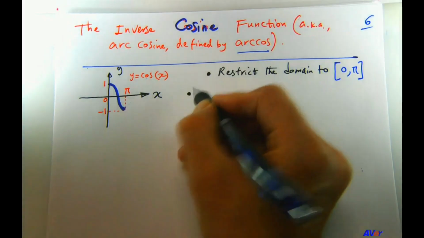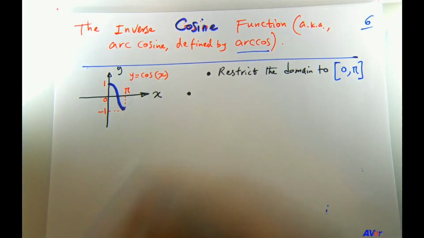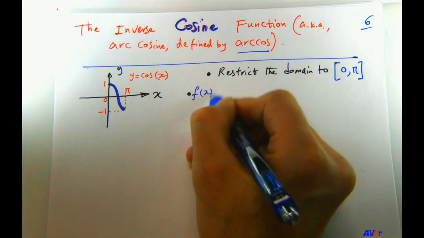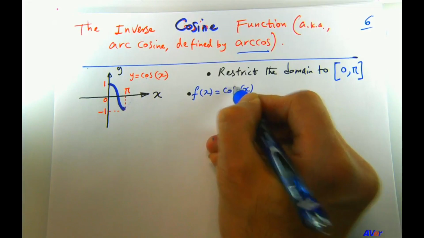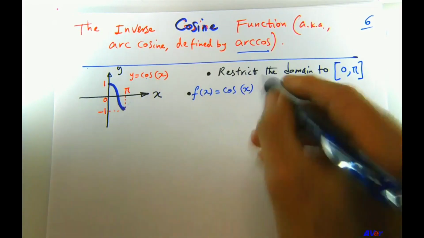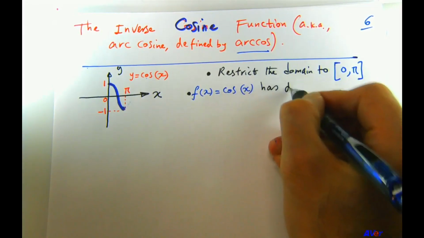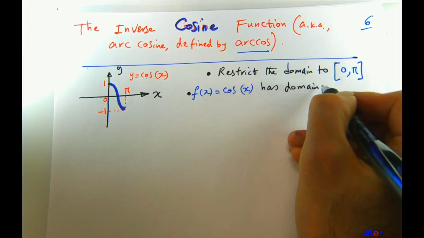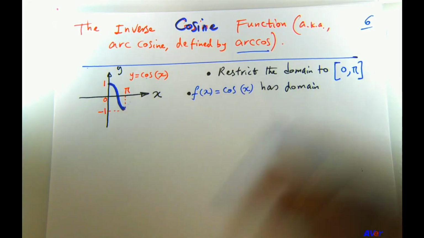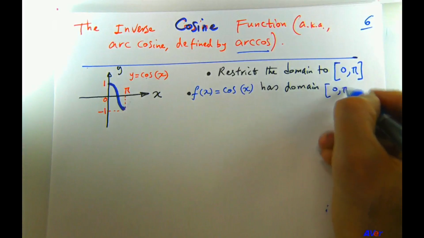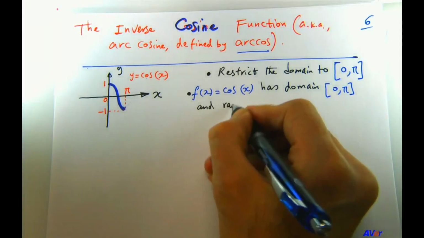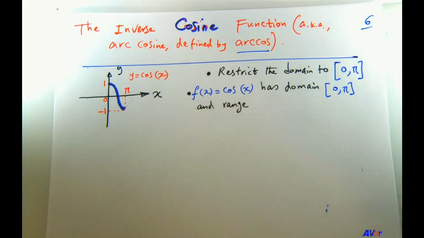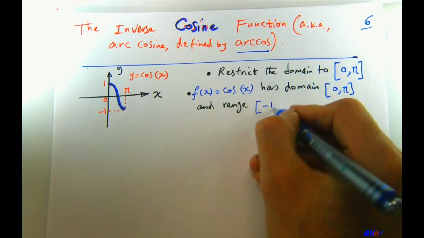So we know that f of x equals cosine of x has domain 0 to pi and range of negative 1 to 1.